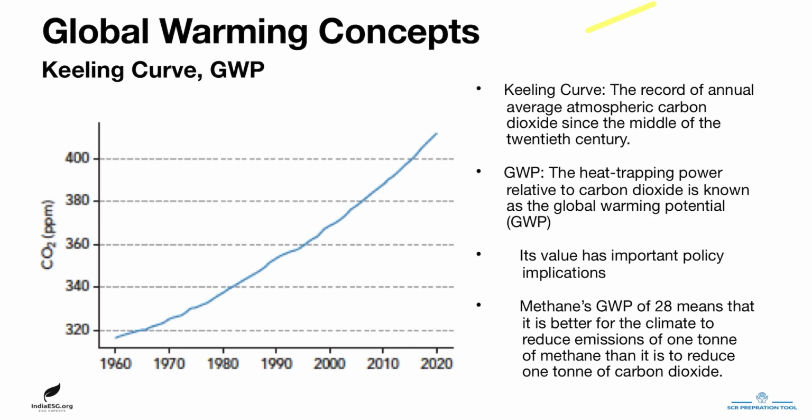And if you see this trend, this is a long-term upward trend, and this is related to global warming. This increase in carbon dioxide is mainly because of the combustion of fossil fuels, and this is confirmed from multiple sources of data which we have seen in previous slides.